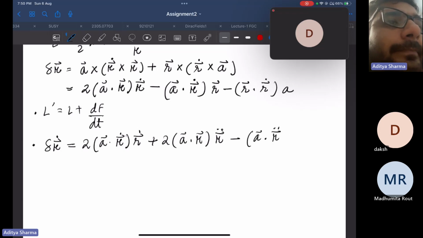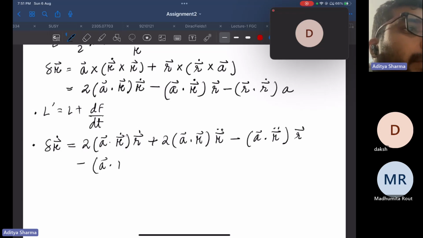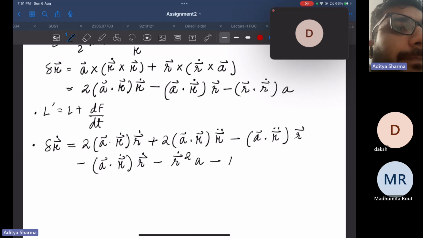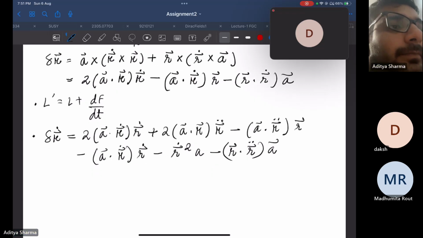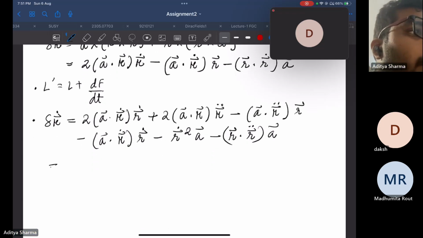2 a vector dot r dot r dot plus 2 a vector dot r double dot minus a vector dot r double dot minus a vector dot r dot minus r dot square a minus a vector dot r double dot into this.